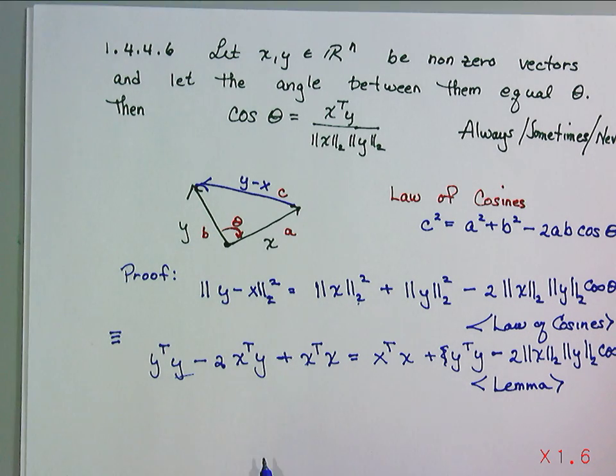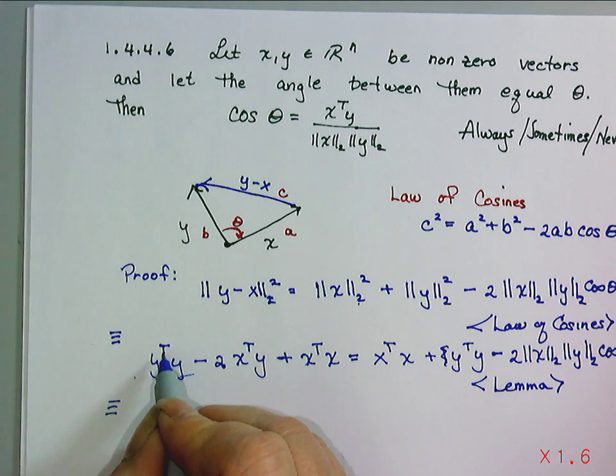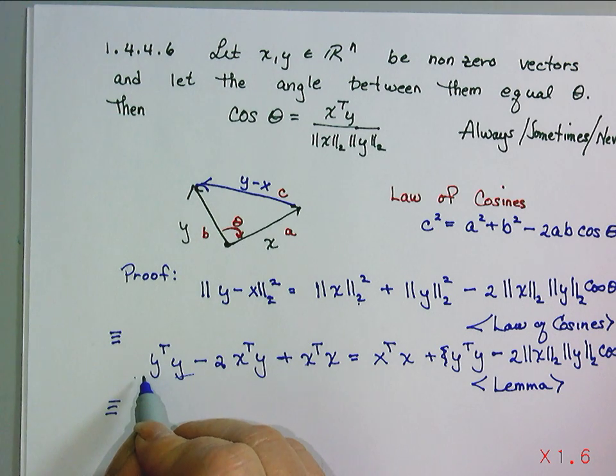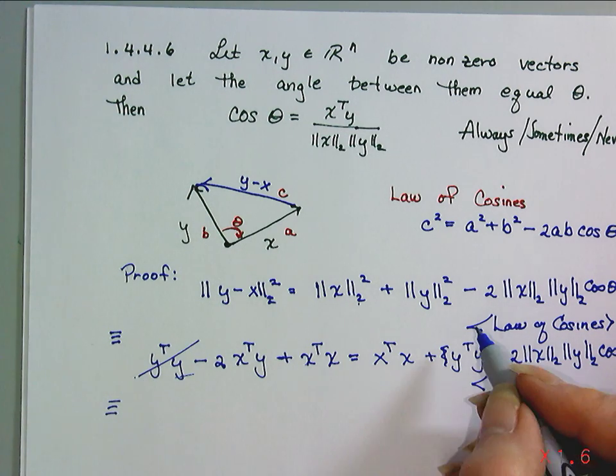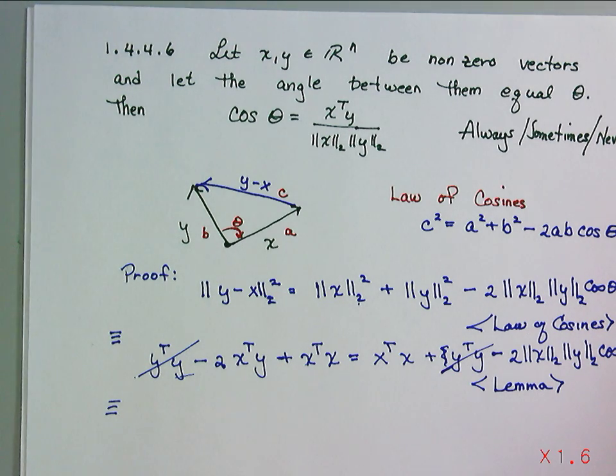Now, if you believe me, then now we can do some arithmetic and simplify. This expression is equivalent to, let's see how we can simplify here. We have a y transpose y as a term on the left-hand side and also on the right-hand side of our equation.